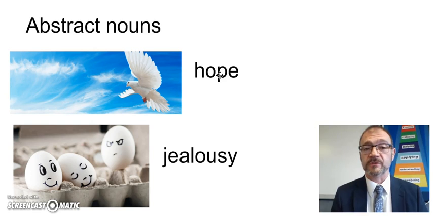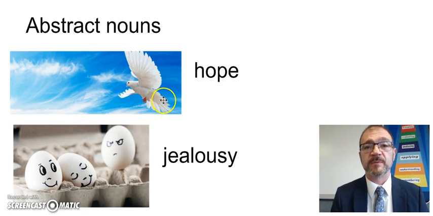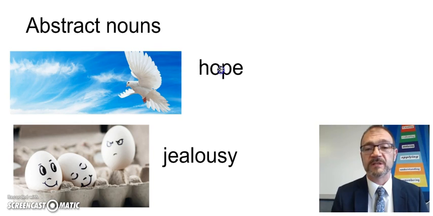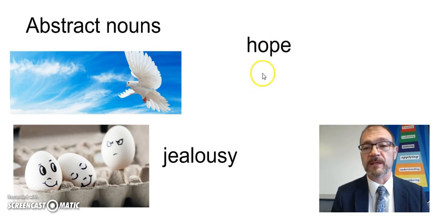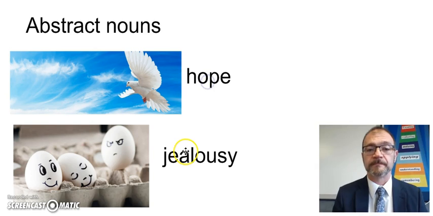They're emotions, most of them. We often use symbols to show emotion. This is a fairly typical symbol for hope. It's a bird in flight. We tend to use symbols for things that can't be seen. Nobody can really draw a picture of hope itself. It's an idea that exists in people's minds when they feel hopeful about things.